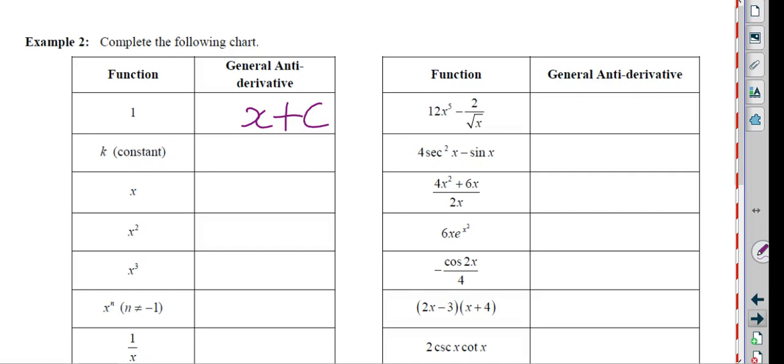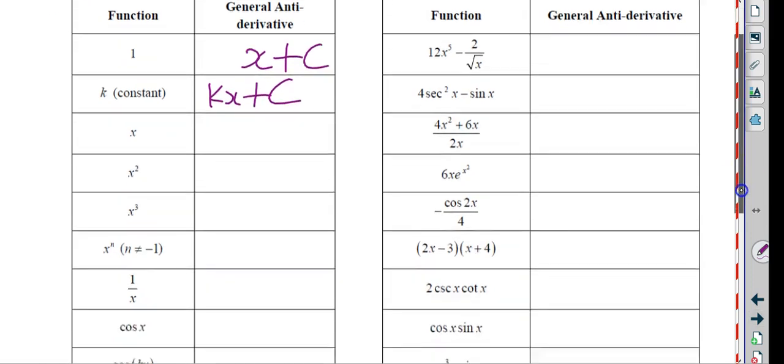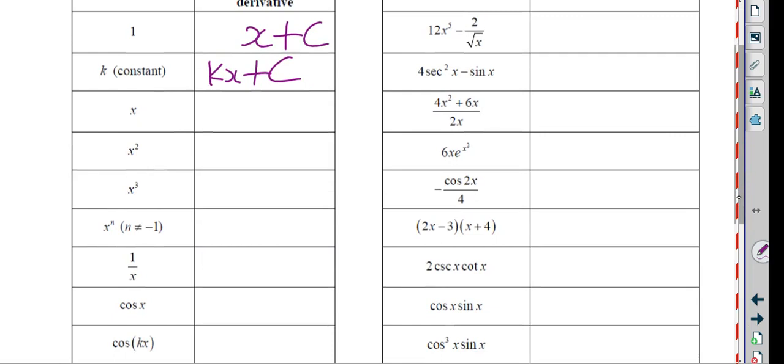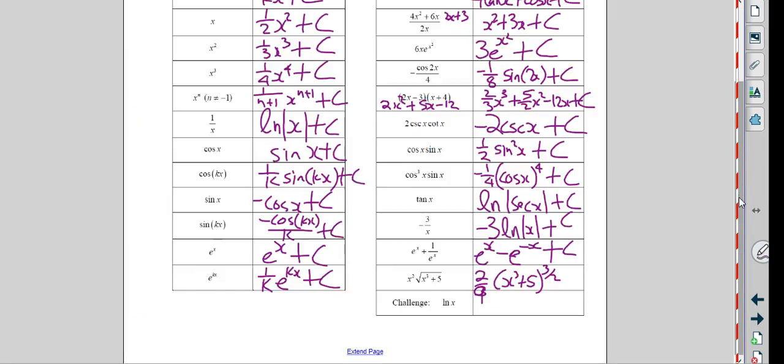If the function is k, kx plus c. Carry on. Okay, you can figure these out. So I'm going to pause. Okay, the video's back on.